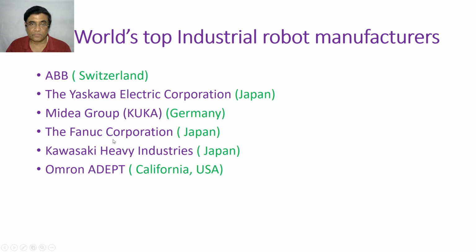Okay, the Fanuc Corporation also produces robots in Japan. Kawasaki Heavy Industries also produces robots in Japan, right? And Omron Adept was purchased by a company called Omron, located in California, US. So these are some of the world's top industrial robot manufacturers, right? And they are serving millions in different industries.